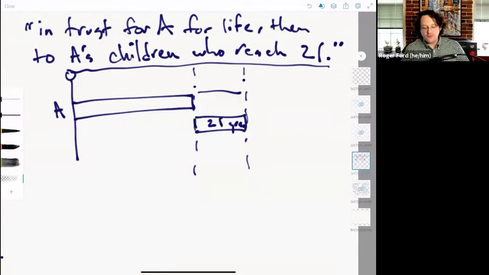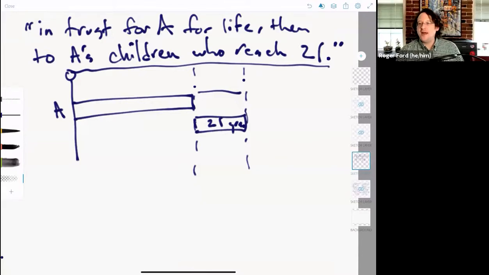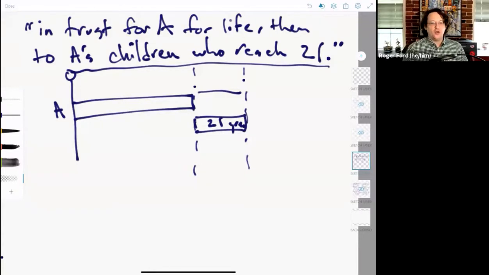So if it's to all of A's children who reach 21, then at that point, when the first child reaches 21, they have a vested remainder, but it's still subject to open, right? Yeah. And so if we look at our sheet of our 5-step process, and this is something I should have done sooner, one of the contingencies that has to be resolved is a subject to open.